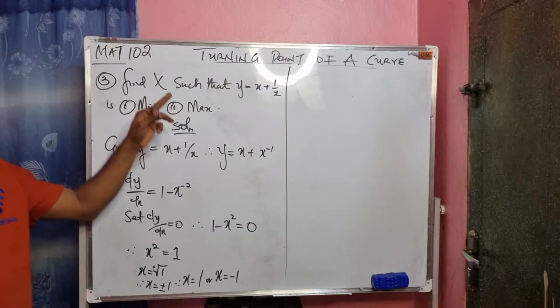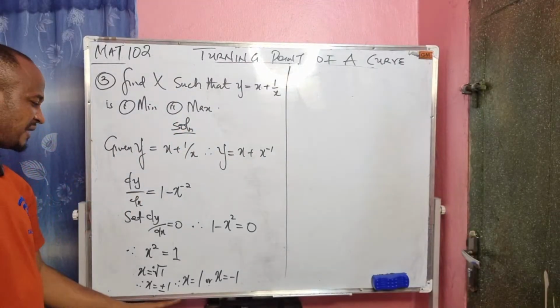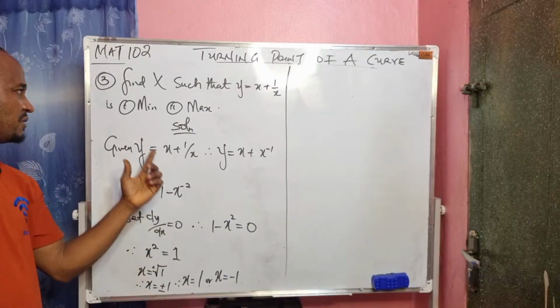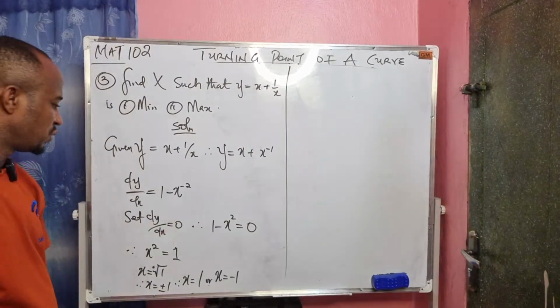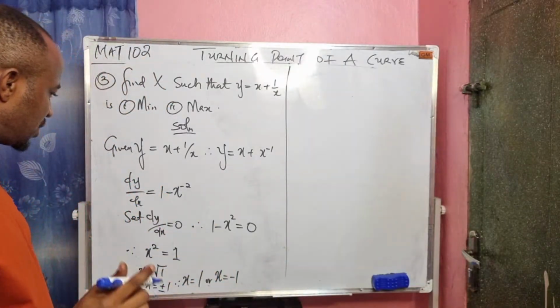And we also find x such that this is minimum or maximum. So let's find which of these values of x is the minimum value of x and the maximum value of x. So what we do is to apply the sufficient condition.